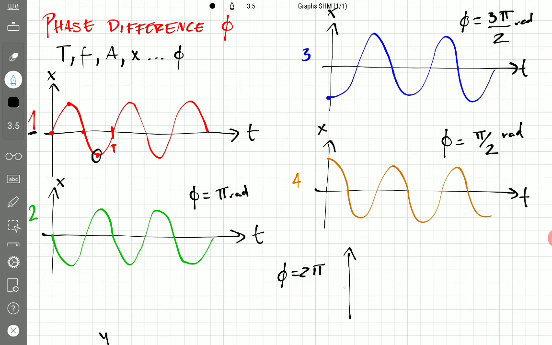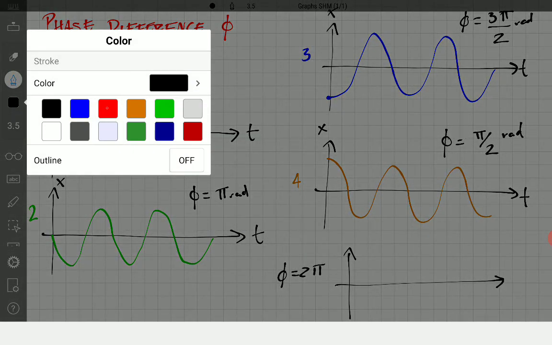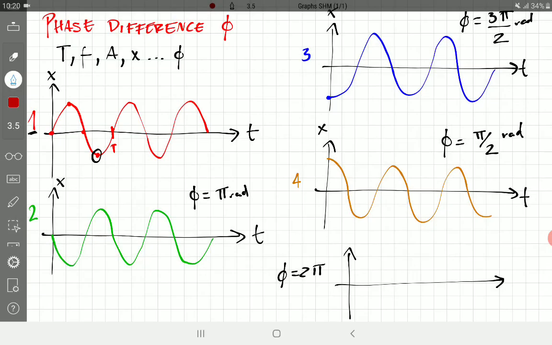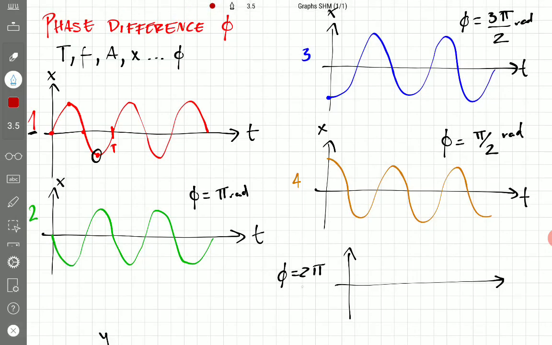Most likely, if I take graph number 1 and shift it by a phase difference of 2 pi, that means I'm shifting it by a full cycle. So I'm going to get exactly the same graph as number 1, because shifting it by a full cycle doesn't change things, since it will be back where it started.